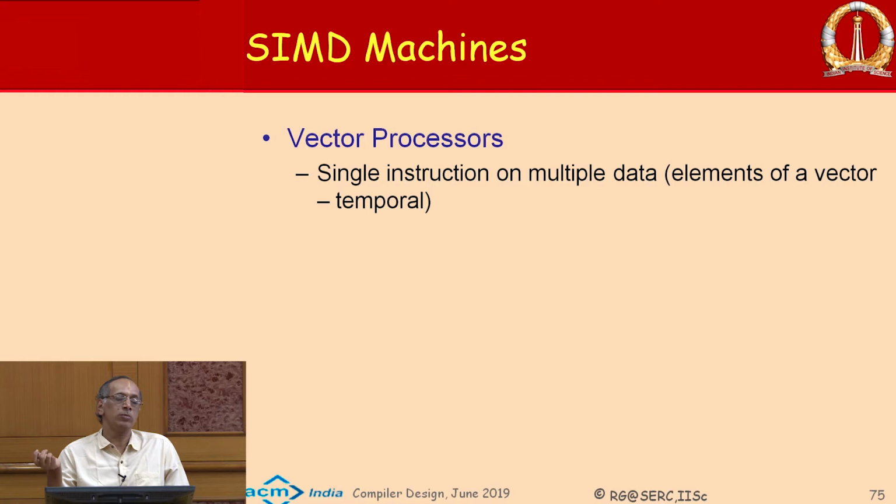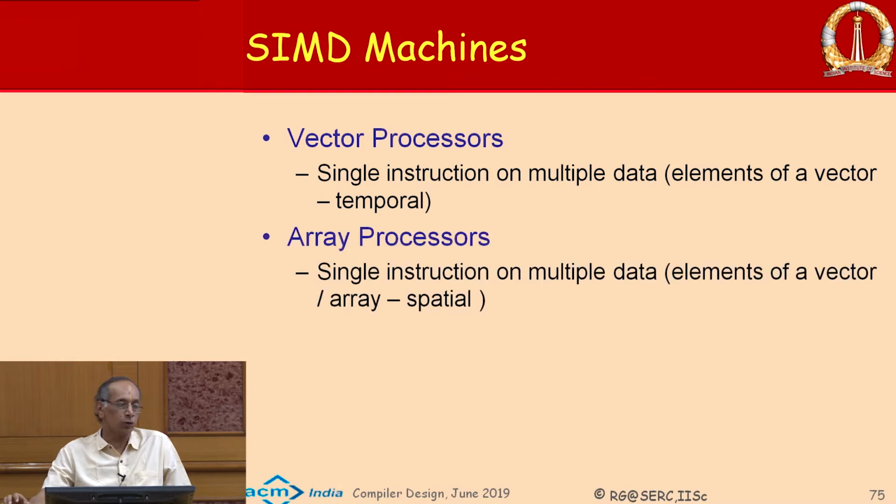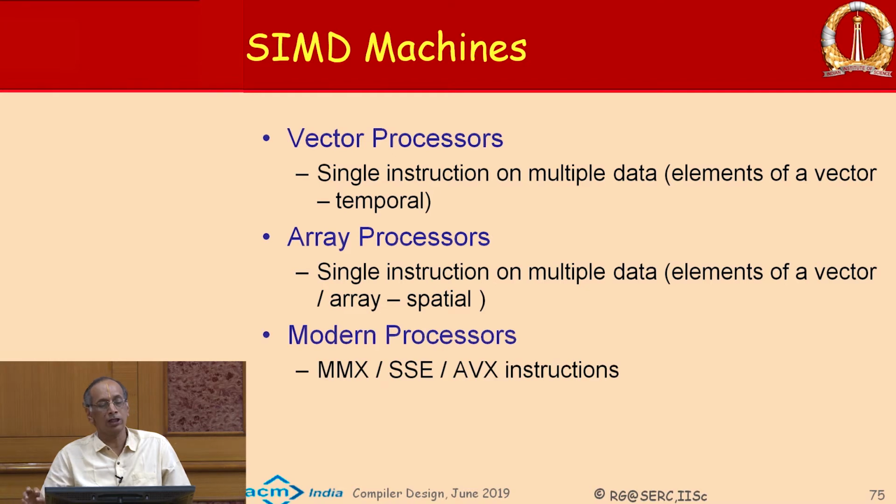Today you can see SIMD machines in many forms. Earlier there used to be vector processors which exploited SIMD. There also used to be array processors which exploited SIMD, but these were in the 60s, 70s and 80s. Today's processors have instructions like the MMX instructions or the AVX instructions.